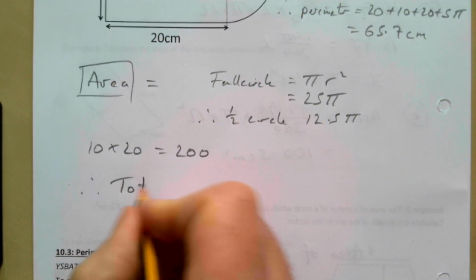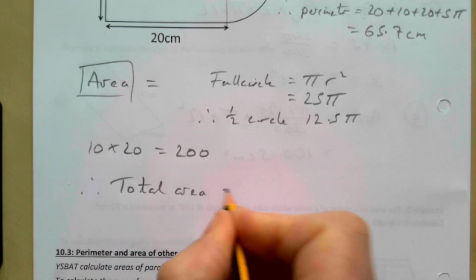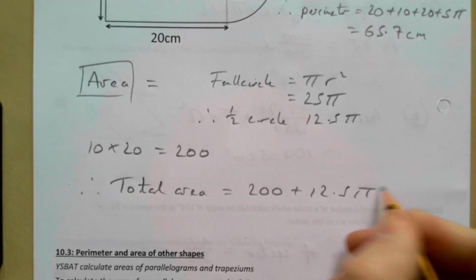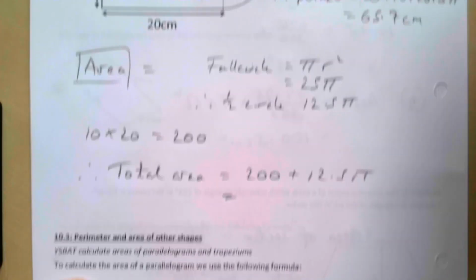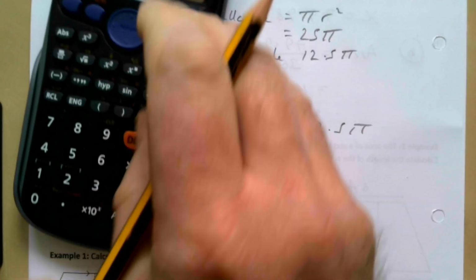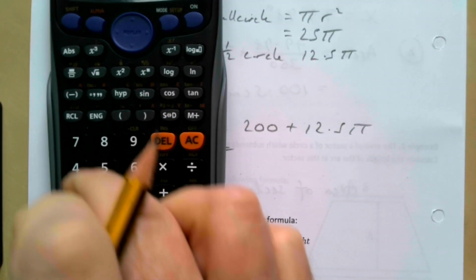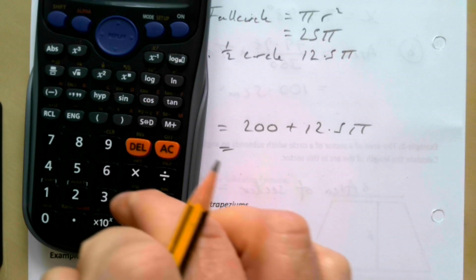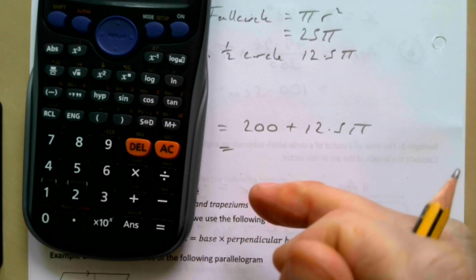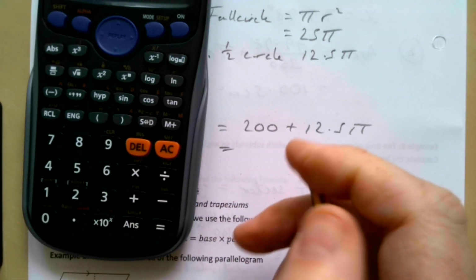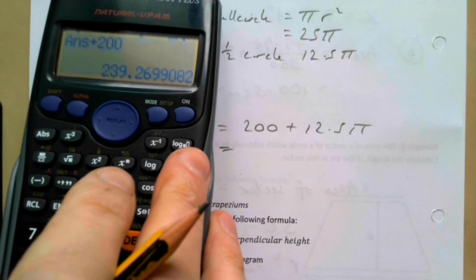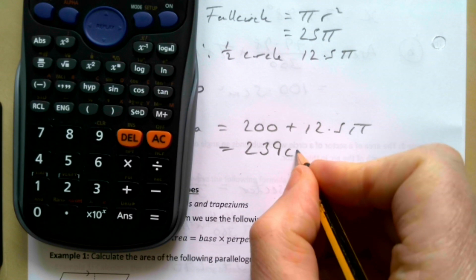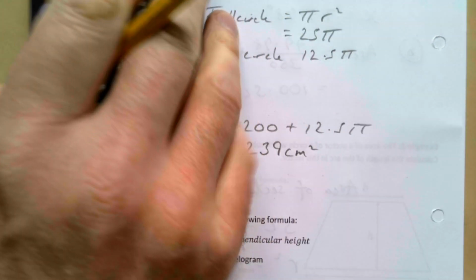Therefore, total area is 200 plus 12.5 pi. And again, let's get this into three significant figures. 12.5 pi equals plus 200 equals 239 to three significant figures. That's going to be centimeters squared.